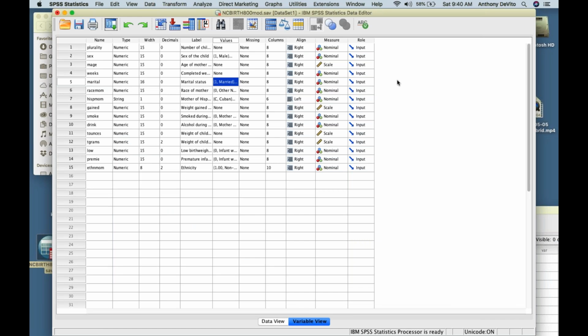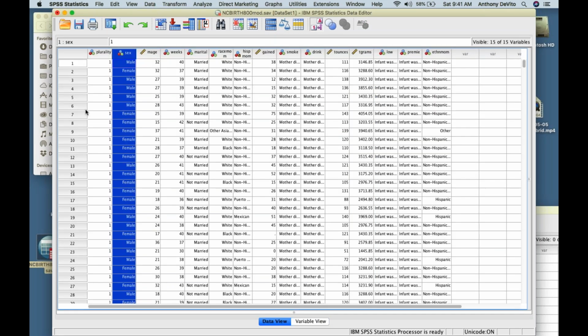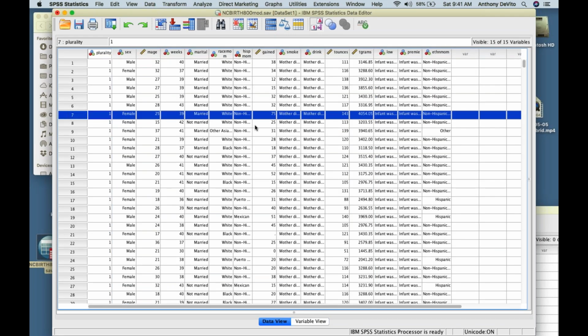So for instance, if we wanted to plot the mother's age against the amount of weight gained during pregnancy, we would use a scatter dot, because in the data view each one of the mothers would have a single value for those two numerical variables.